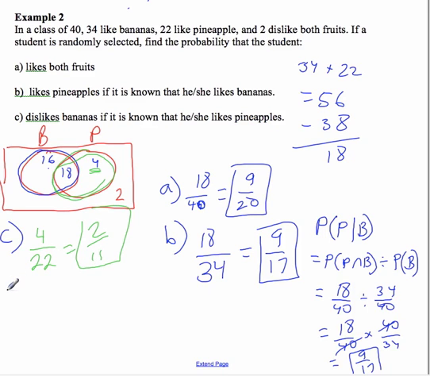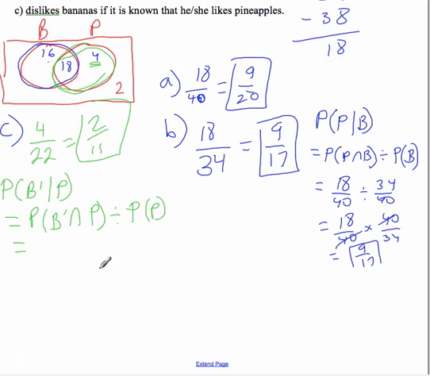Okay, so using the formula, the probability that they don't like bananas, given that they like pineapples, is the probability of not bananas and pineapples divided by the probability of the second one, which is pineapples. I think the Venn diagram method looks a lot easier actually, but let's go through this.